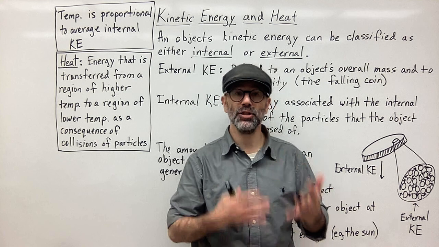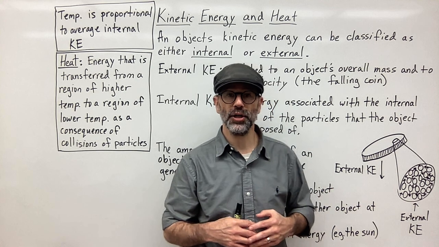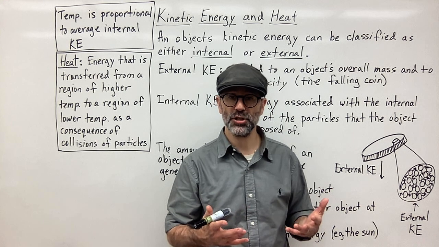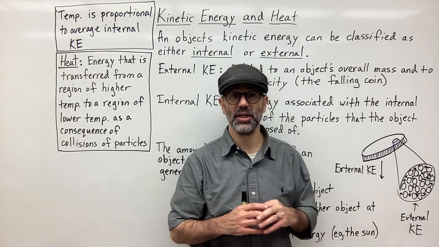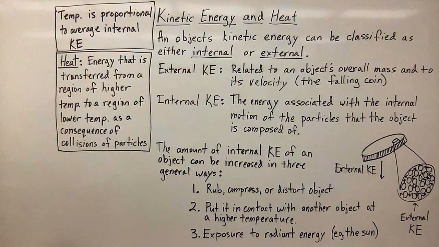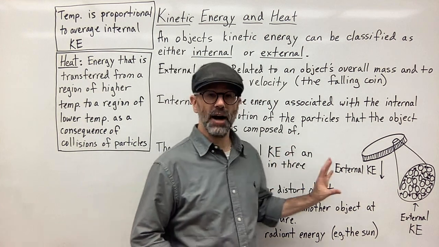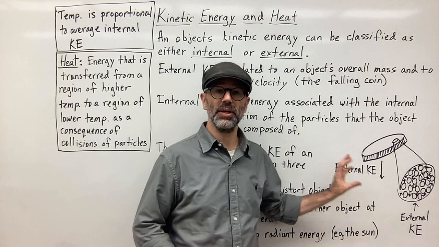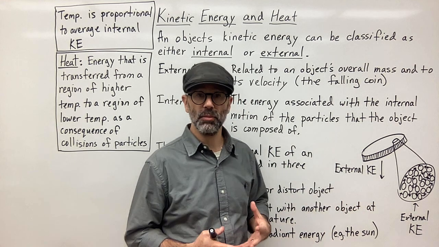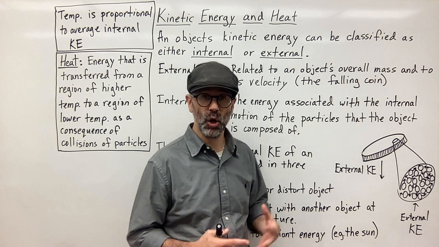Faster moving particles in the object are proportional to higher temperatures. Sorry about that. So as I was saying, faster moving particles are related to higher temperatures, and slower moving particles are related to lower temperatures.